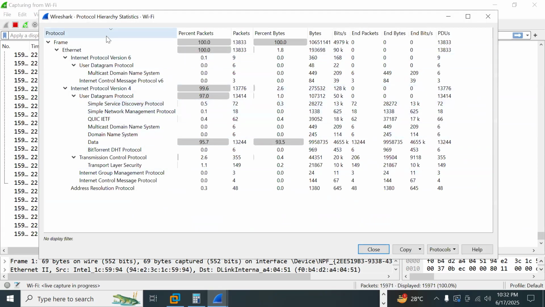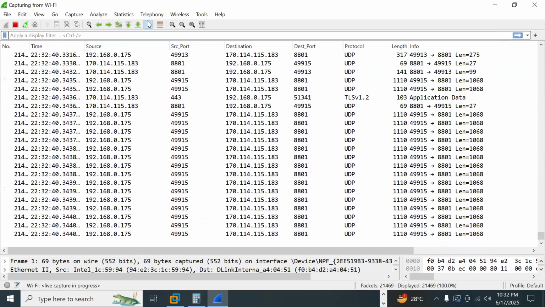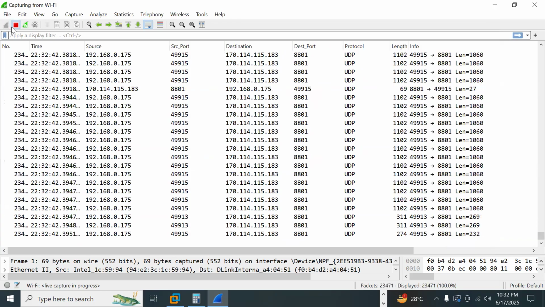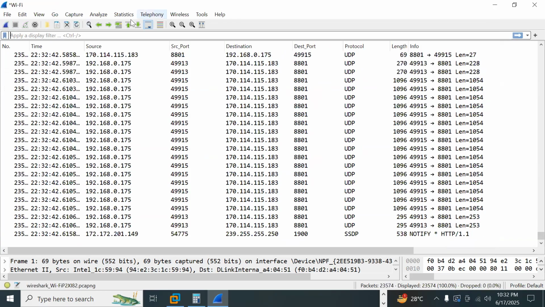Over this protocol hierarchy, we can see UDP traffic, user datagram protocol, and TCP traffic, which we call the transmission control protocol, and so on, right? There are different types of transactions and reports, which we're going to understand and work with.